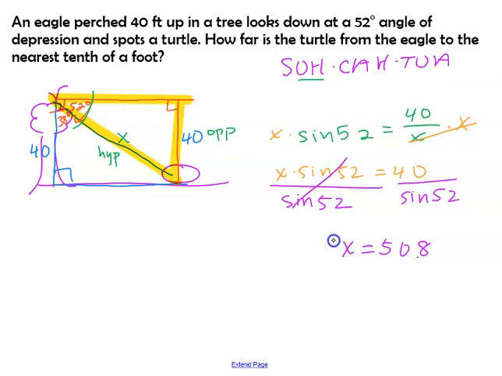So this is going to be the distance from the eagle to the turtle, rounded to the nearest tenth of a foot. So we would say 50.8 feet. And then that's our final answer.